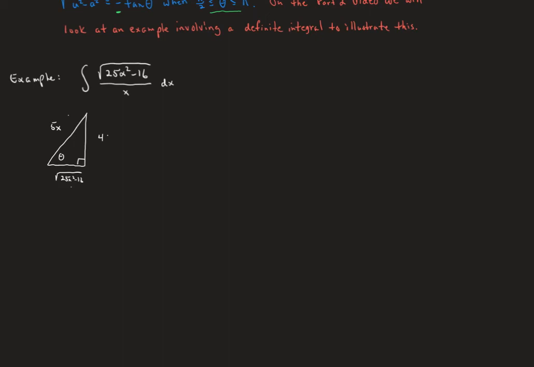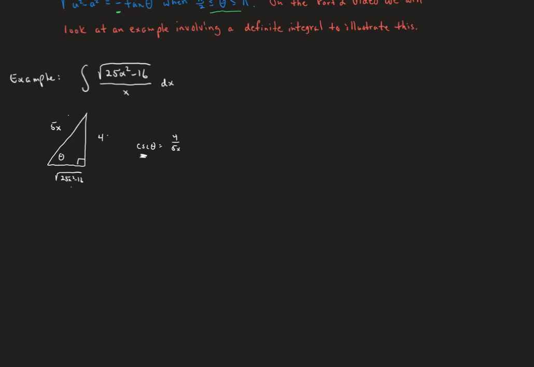So we would say opposite over hypotenuse would be a sine, and so cosecant of theta would be 4 over 5x, but that doesn't allow us to easily solve for x, so I don't want to do it that way.